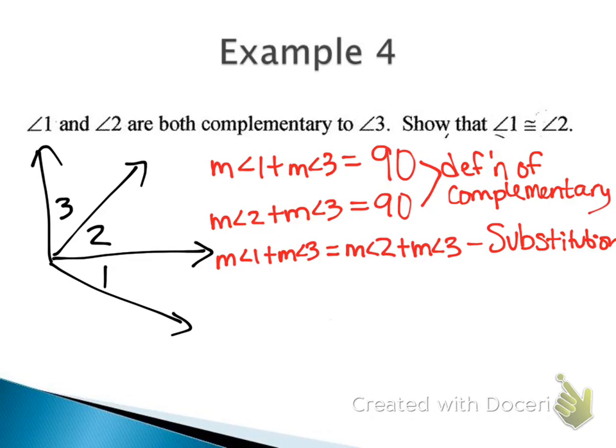Again, the next part, some people might not like a whole lot, but this is why we went through our properties of equality. So my next statement is going to be that the measure of angle 1 is equal to the measure of angle 2. What did I get rid of on both sides? The measure of angle 3. What operation do you think I used to do that?